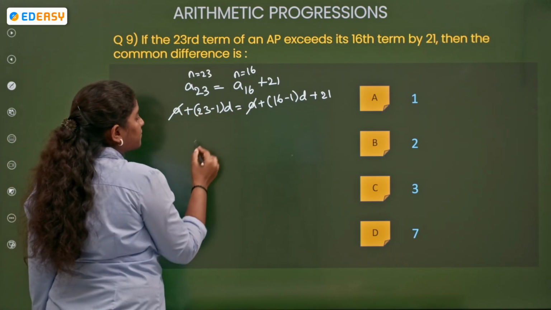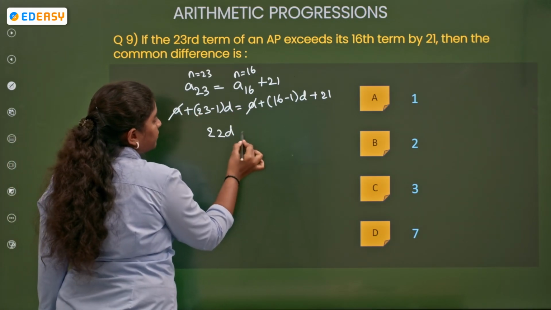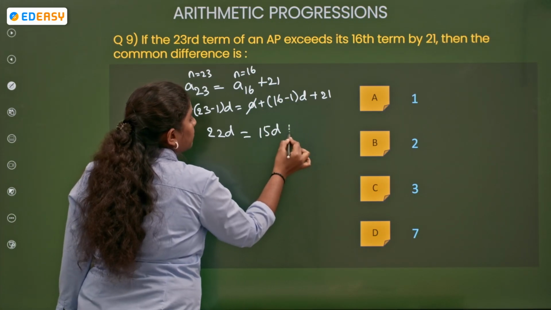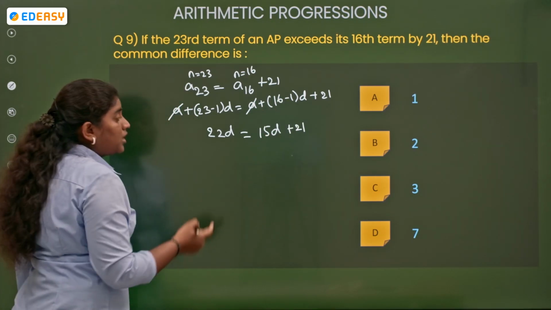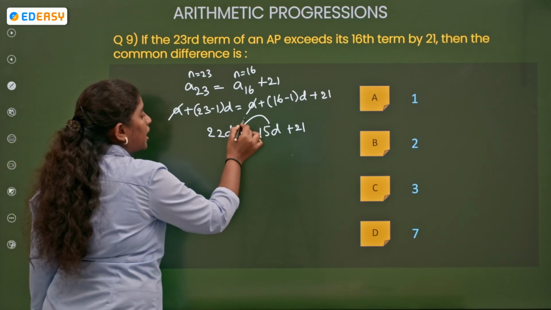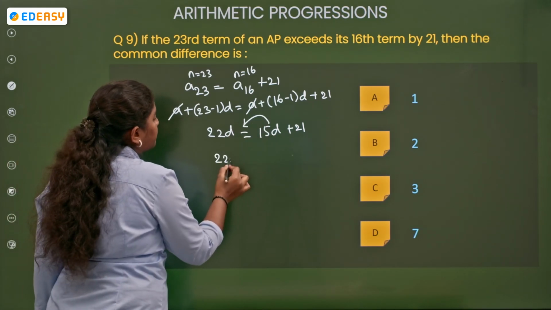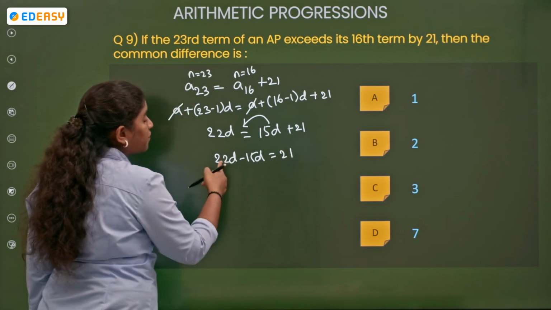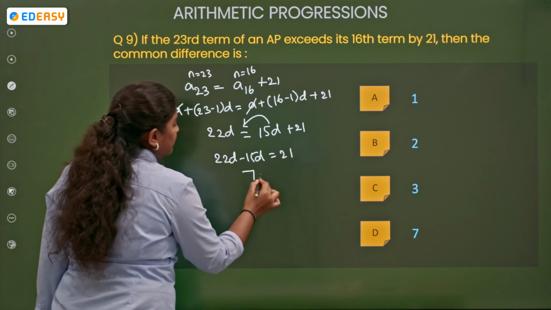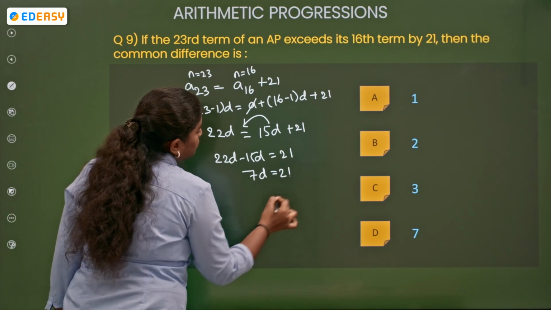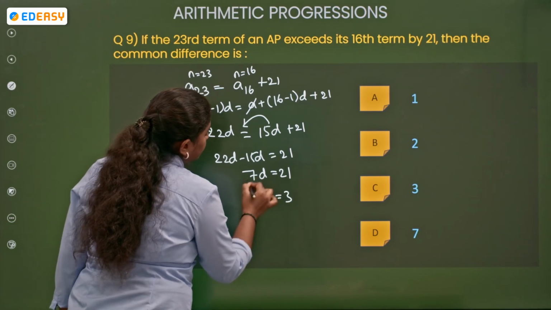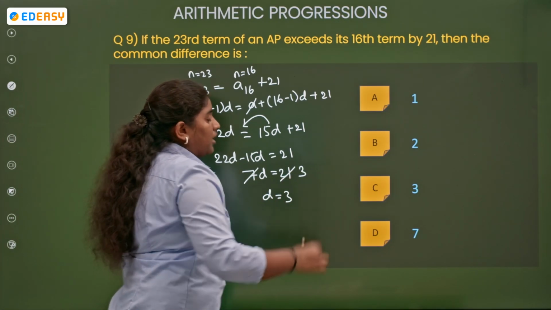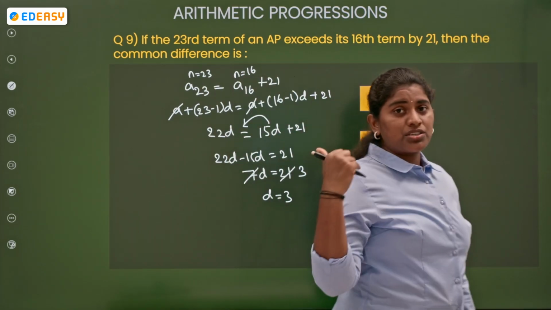Now 23 minus 1 into d, 22d, equals 16 minus 1 into d, 15d, plus 21. Now let's bring 15d to the other side. So 22d minus 15d equals 21. Now 22 minus 15 is 7d. 7d equals 21, d equals 3. Simple, right?